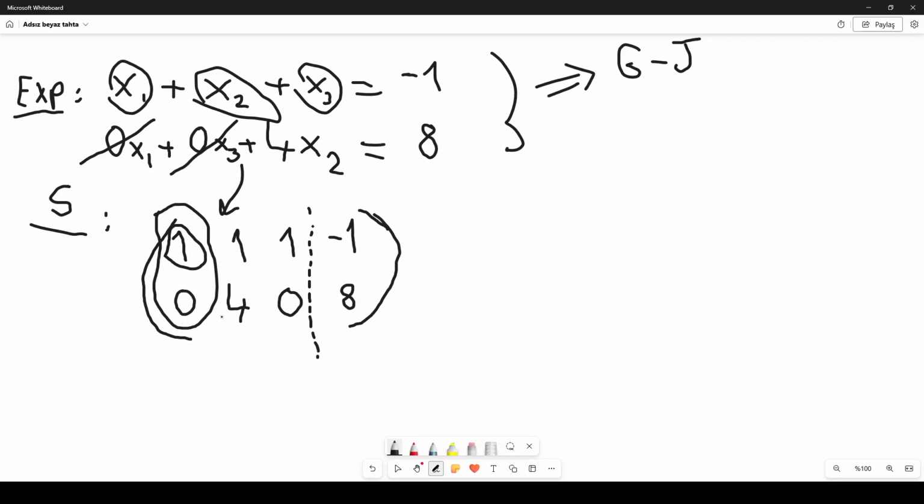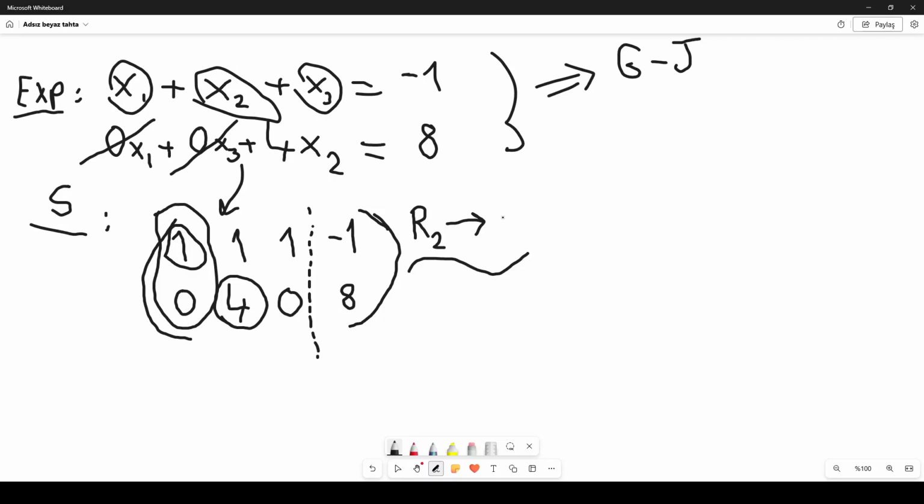I pass to the second row, and what I see here is that the leading entry in the second row is different than 1. So we need to turn this value into 1. How can I do that? I use the elementary row operation, right? So what can I do? I use the second elementary row operation, which says you can replace a row by a row multiplied by a real value.